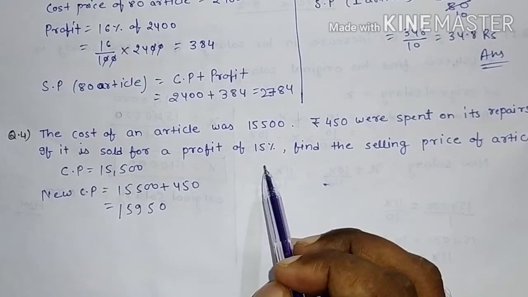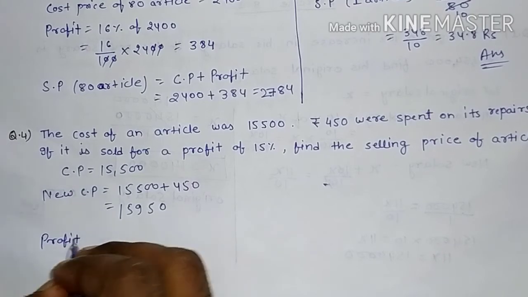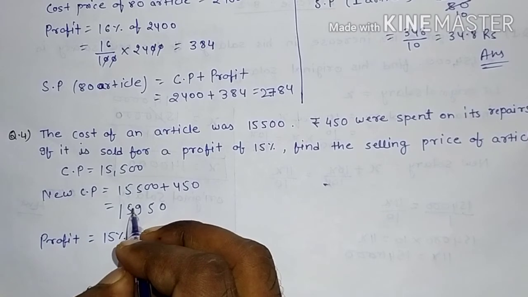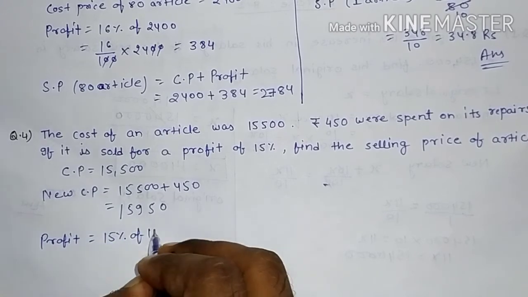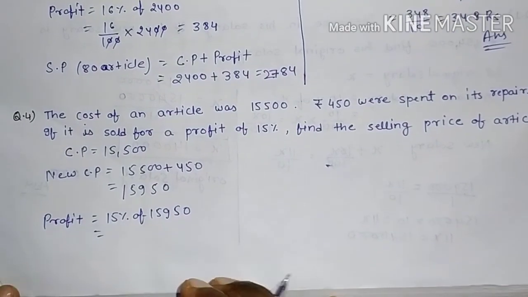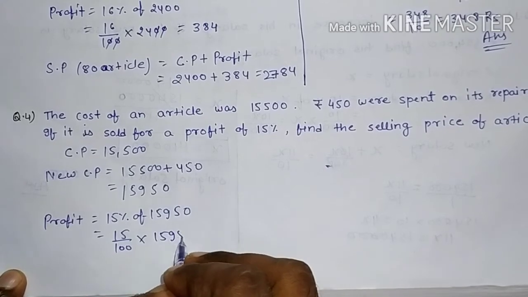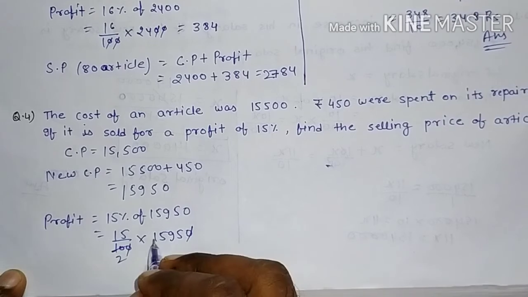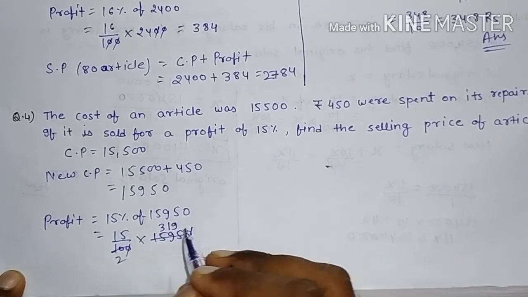So in the next statement, what is given? Profit 15%. So here we can find profit is equal to 15% of what? 15% of the new CP. So the new CP is 15,950. So just simplify this. 15 upon 100 multiplied by 15,950, 0 cancels out, and 5 2s are 10, 5 3s are 15, 5 1s are 5, 5 9s are 45.